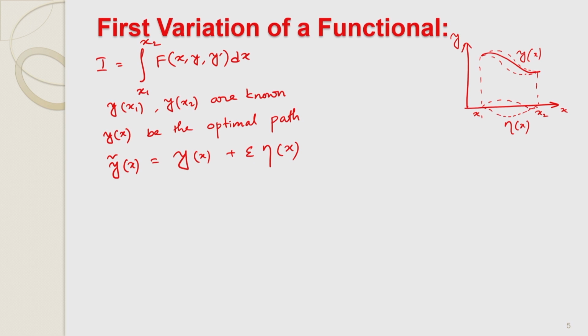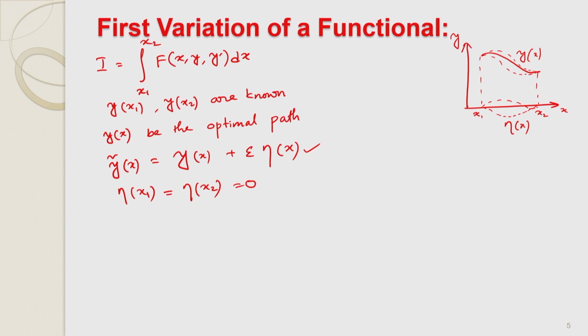So, for points x1 and x2, your variation is 0 because y is known, and for other points we are defining a different varied path eta(x), and we can get the varied y, that is y tilde, with this expression.